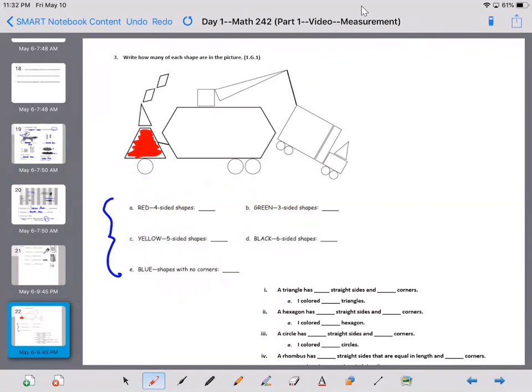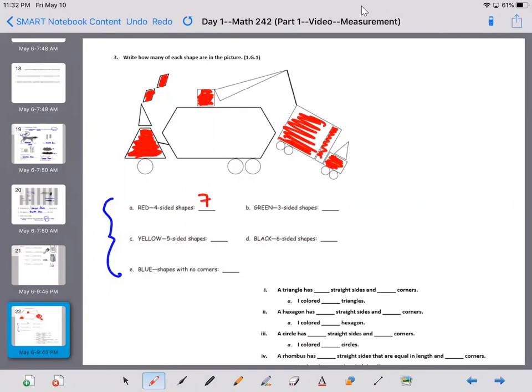And then we've got a 4-sided figure that's similar almost to a rhombus. Here we've got a square and another square and a rectangle and a smaller rectangle. So it looks like we have 7 shapes that are 4-sided.